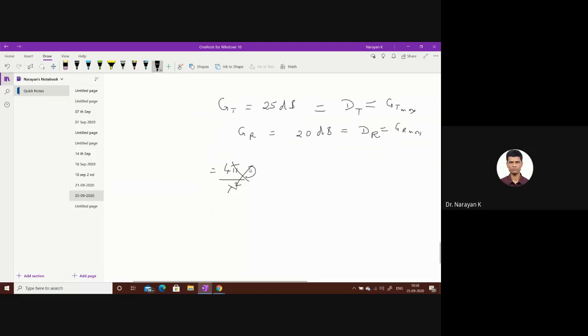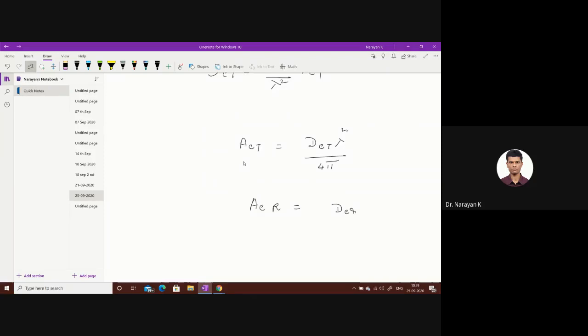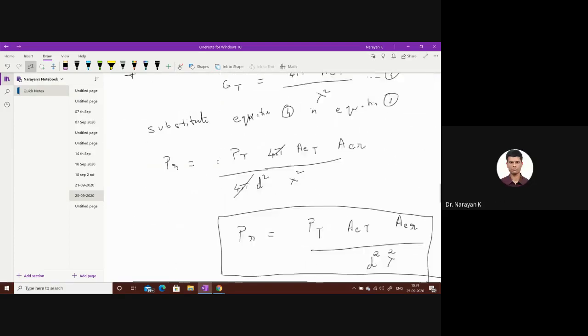Rewrite this. What is your directivity? Directivity of the transmitting antenna is 4 pi by lambda square into effective aperture of the transmitting antenna. So effective aperture of the transmitting antenna is directivity of the transmitting antenna into lambda square divided by 4 pi. Similarly, effective aperture of the receiving antenna AER is equal to D R lambda square by 4 pi. Is it clear?